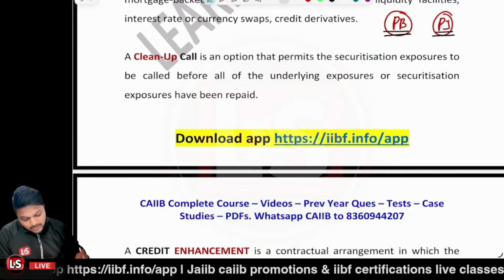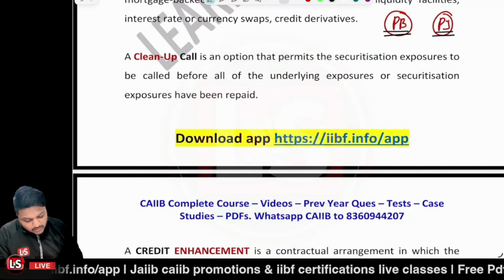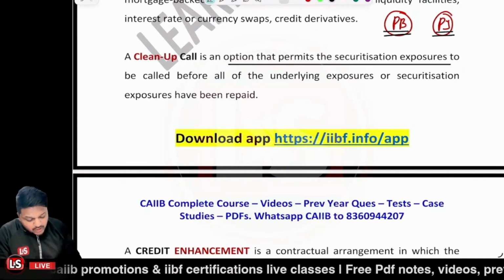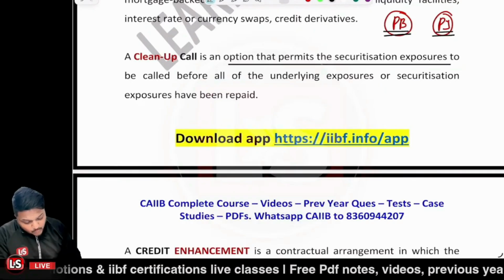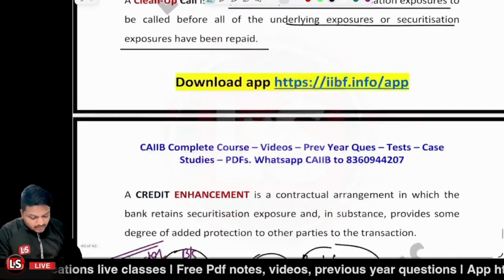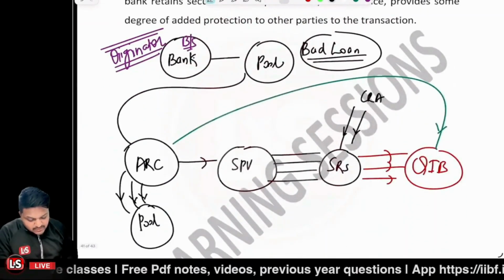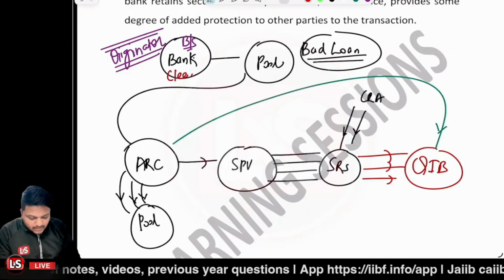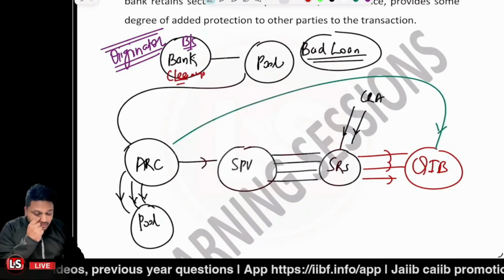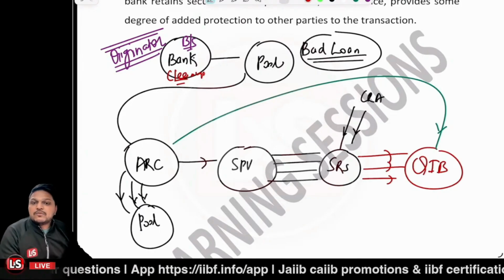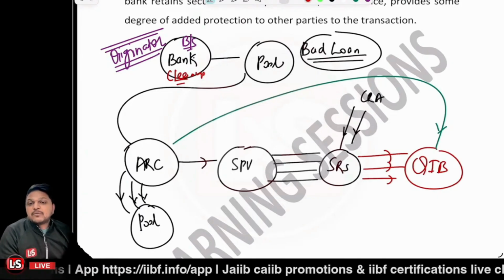It is an option that allows the securitization exposures to be called up before the underlying exposure has been repaid. Let's say the bank gave it for securitization purposes, but a cleanup call can be arranged, where the bank recalls the unpaid amounts which have not been recovered so far. That's a cleanup call.